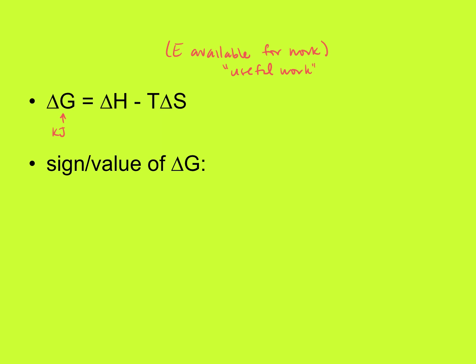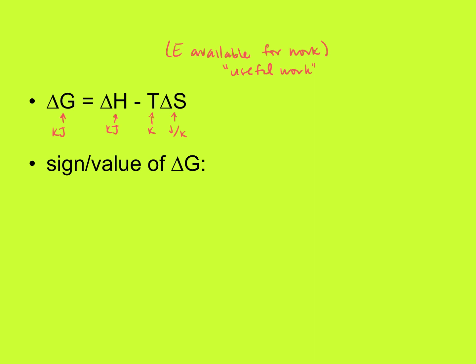Delta H is in kilojoules, whereas T, of course, is in Kelvin, and delta S is measured in terms of joules per Kelvin. Okay, or it could be kilojoules per mole for this one, and joule per mole Kelvin. Depends on the situation and what values are given to you.